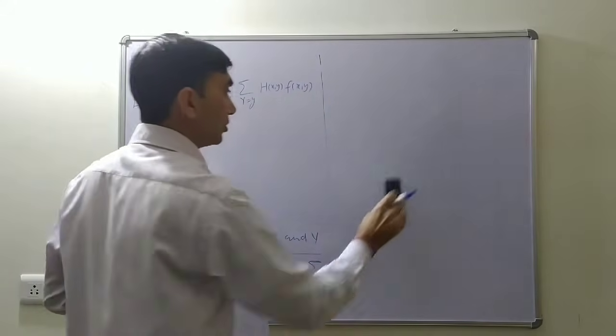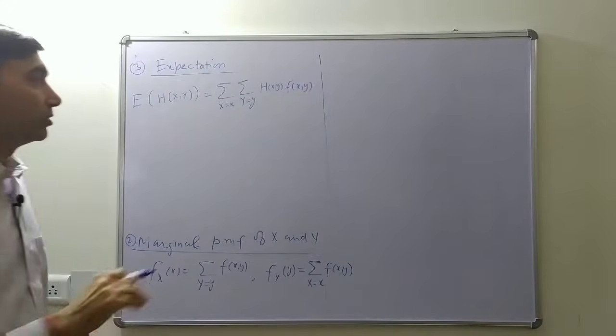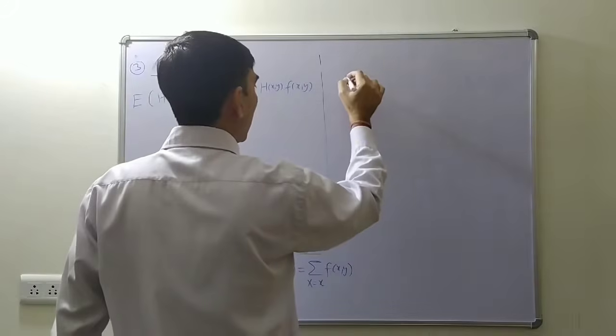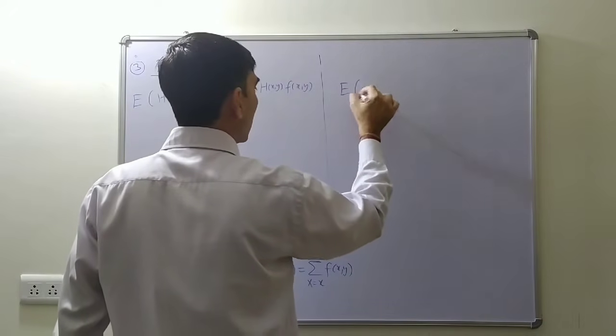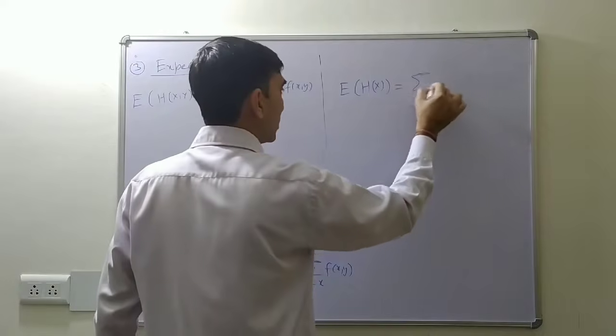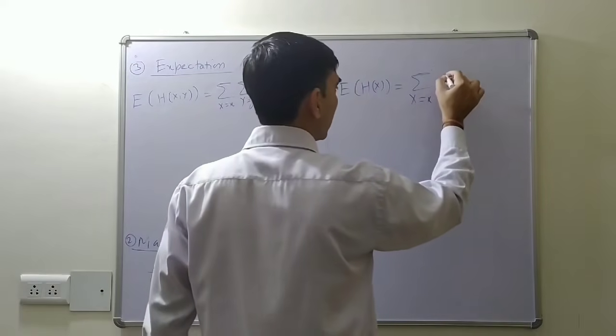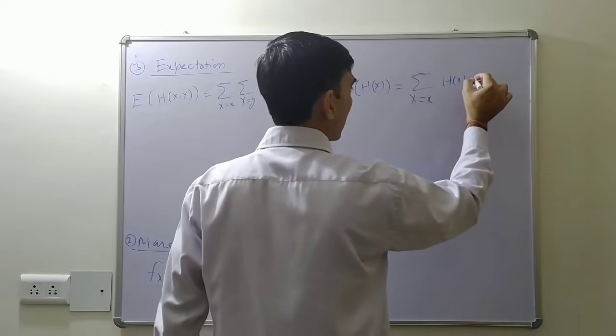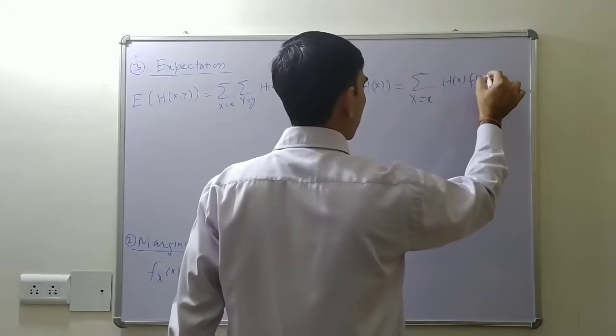You can recall the definition in case of single discrete random variable, where the expectation of a general function of x is summation over x, h(x) f(x).